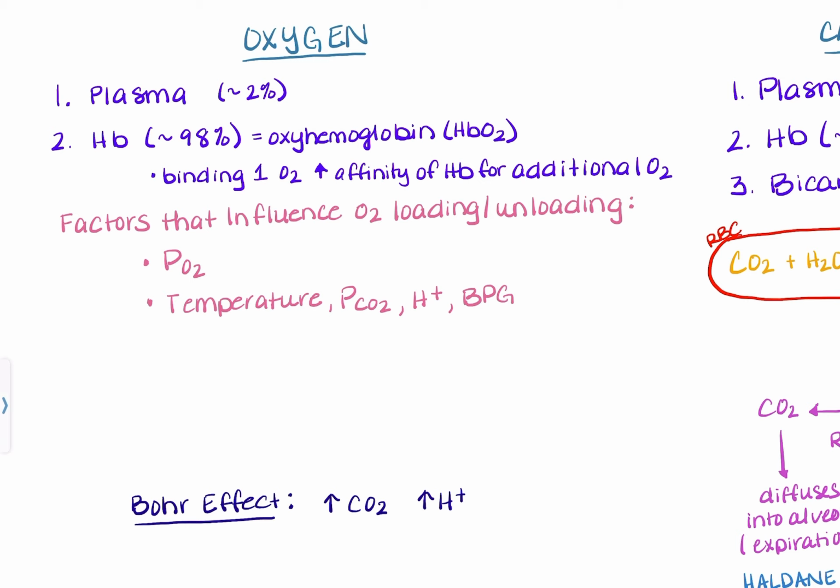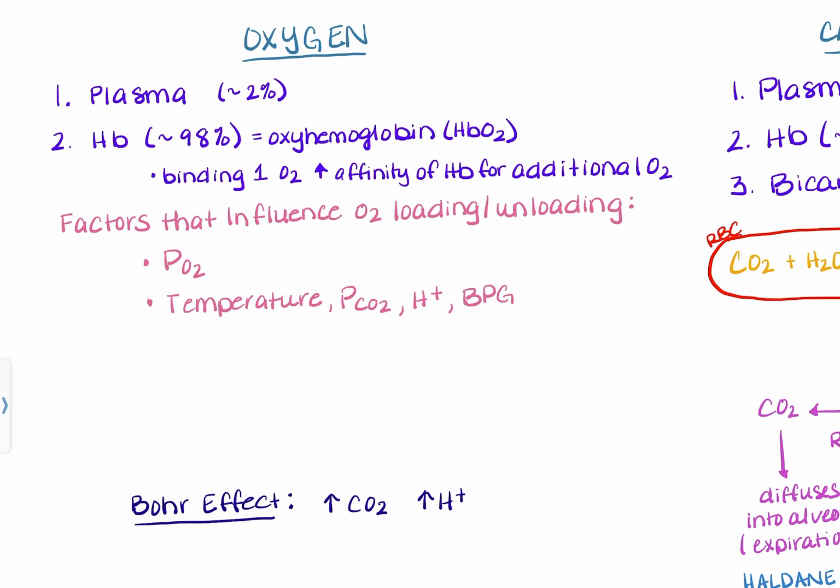Factors that influence oxygen loading and unloading from our hemoglobin: partial pressure of oxygen, so that's definitely going to influence it. The higher partial pressure means the higher oxygen levels we have in our blood, the more likely we're going to have oxygen bound to hemoglobin. Then we have some other factors, which we talked about in lecture: temperature, the partial pressure of carbon dioxide, of course, a hydrogen ion, and something called BPG.